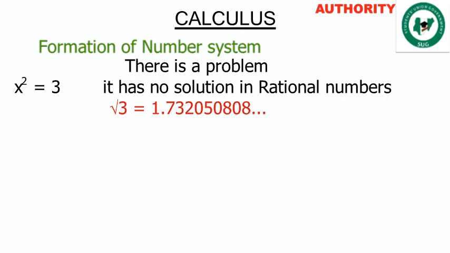So now, punch your calculator, square root of 3. Square root of 3 will give us 1.7320508088. Wow.